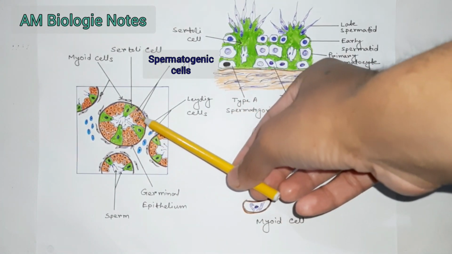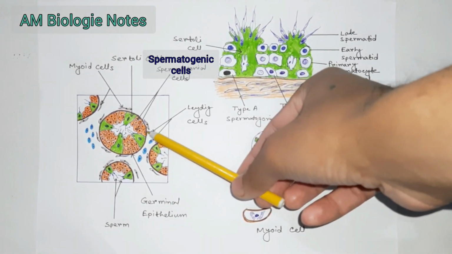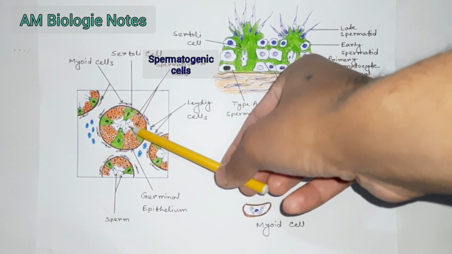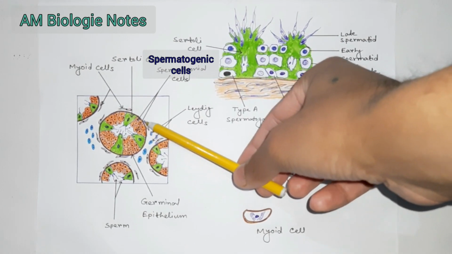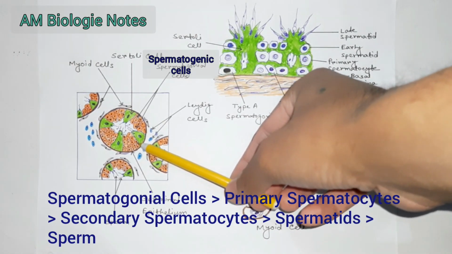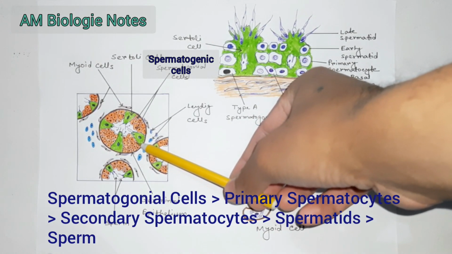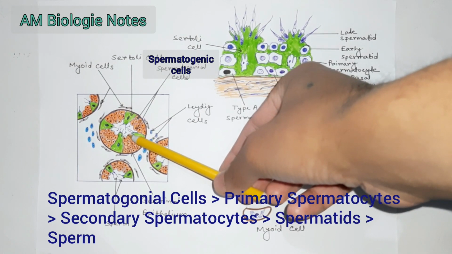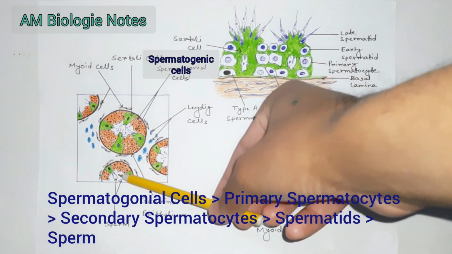In our previous video on spermatogenesis, I had already discussed the spermatogenic cells and also the structure of the sperm, so here I will not discuss again. I am just mentioning that spermatogonial cells differentiate to form primary spermatocytes, which then transform into secondary spermatocytes. The secondary spermatocytes then form spermatids, which ultimately differentiate into spermatozoa.